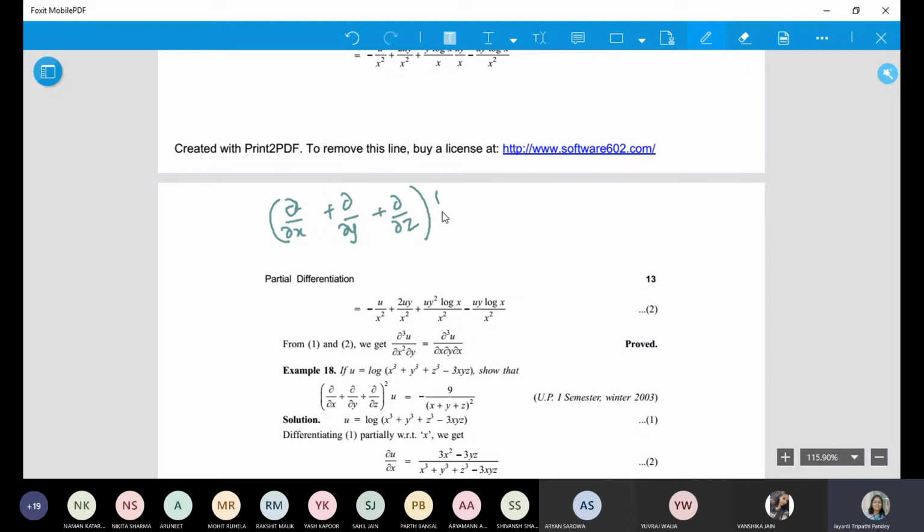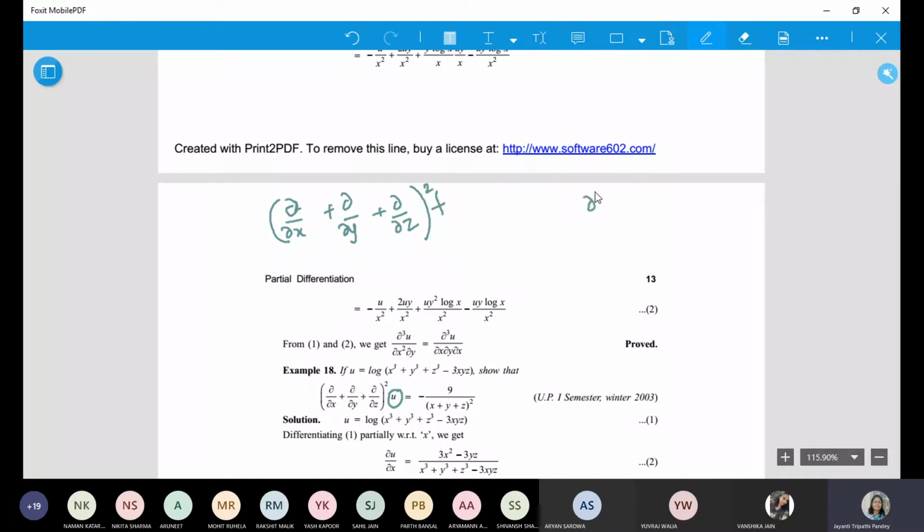You operate it on some function. Here that function is u. And how is u defined? u is defined as log of x cube plus y cube plus z cube minus 3xyz. Is this understood?